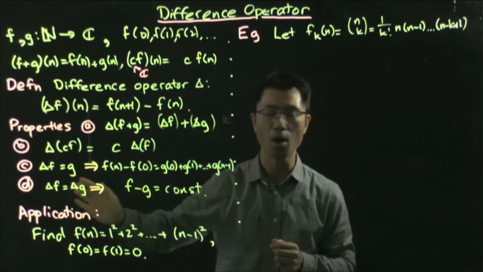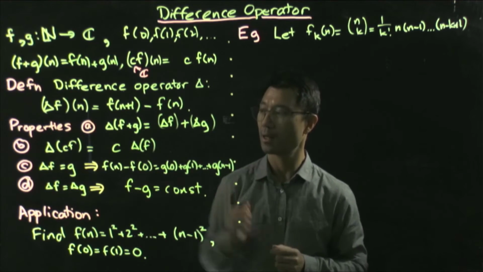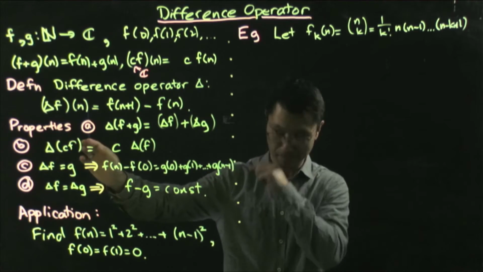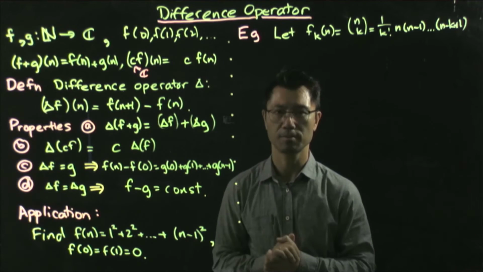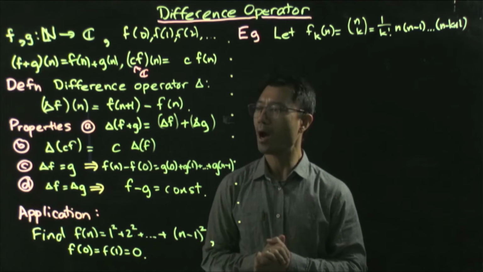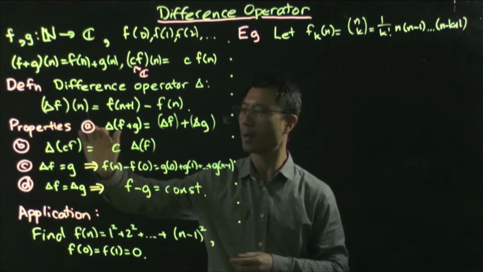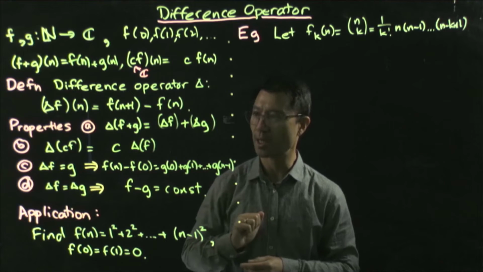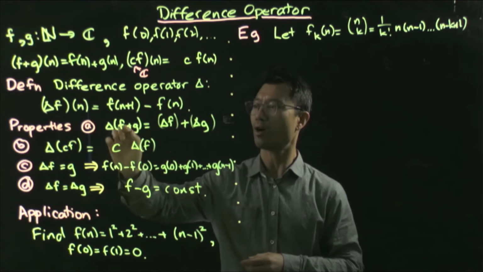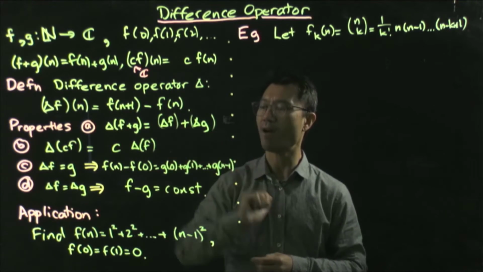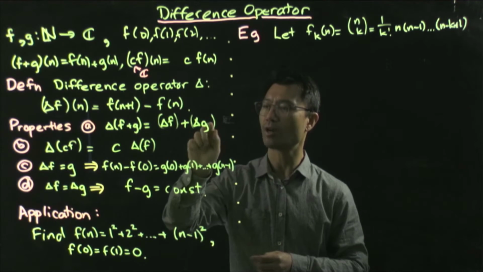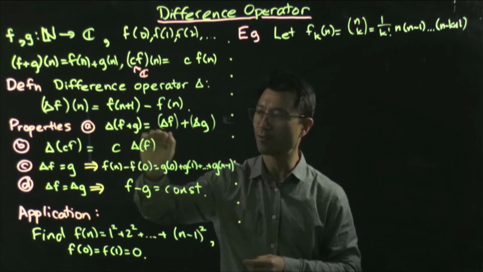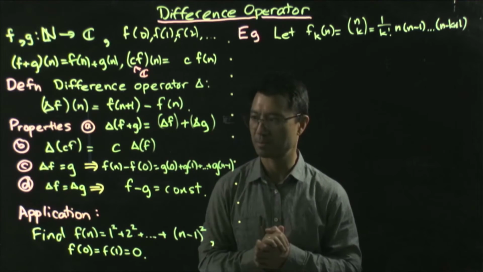Firstly, let's suppose you put c equals minus 1 here. That tells you that delta of the negative of a sequence, or the negative of a function, is just the negative of delta. So now, if you replace g with minus g, delta of f minus g equals delta of f plus delta of minus g, and you can pull the minus sign out to see that delta of the difference is the difference of the deltas.